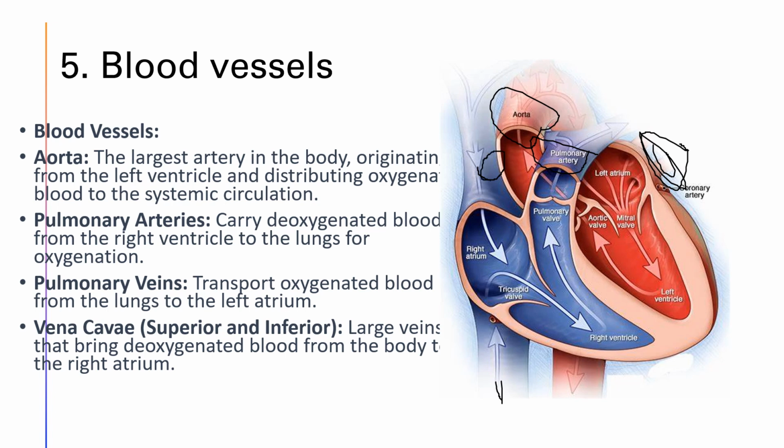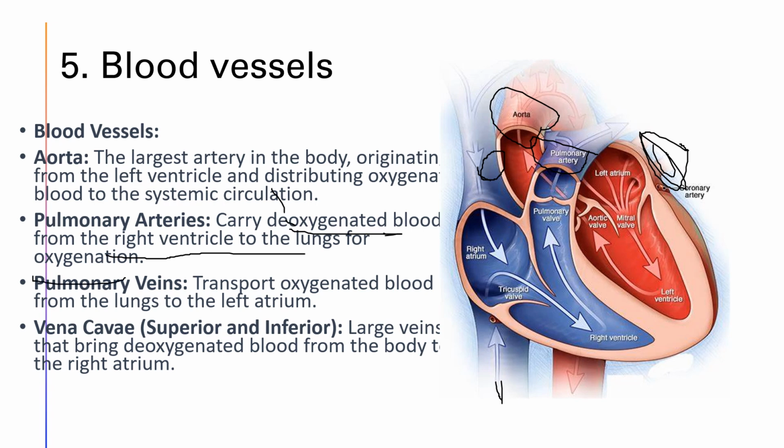Now I'll tell you the function of these blood vessels. The aorta is the largest artery in the body, arising from the left ventricle and distributing oxygenated blood to the systemic circulation. The pulmonary artery carries deoxygenated blood from the right ventricle to the lungs for oxygenation.